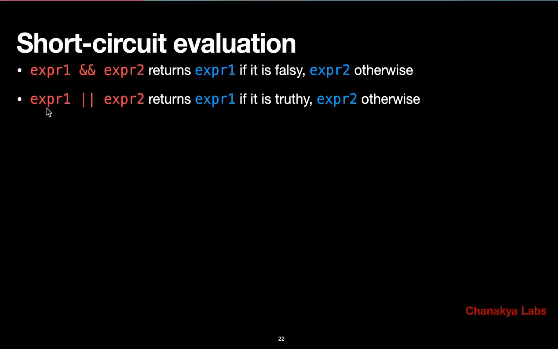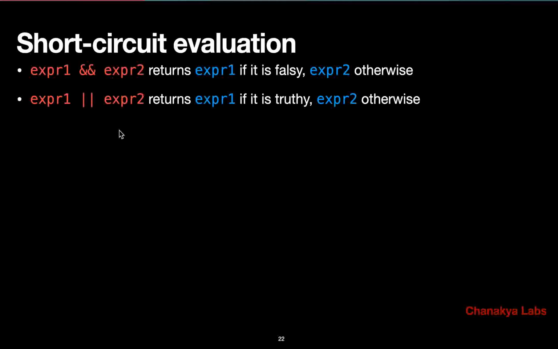And if it is falsy, then I move forward, and keep on moving forward if there are multiple ORs. So in contrast to AND, in case of OR, the first truthy value which you see, you return, and otherwise you go till the end.